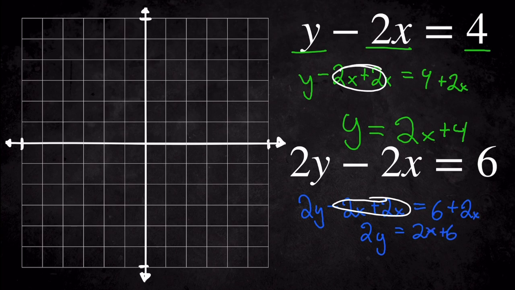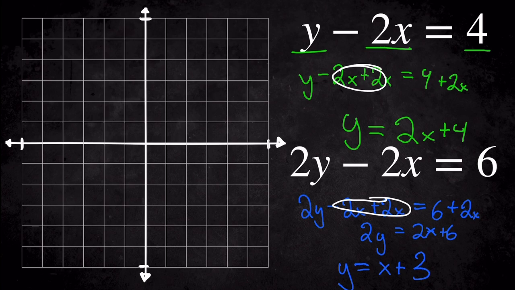And then I'm going to divide both sides by 2, so 2x divided by 2 is just 1x, and 6 divided by 2 is 3. So that'd be y equals x plus 3.